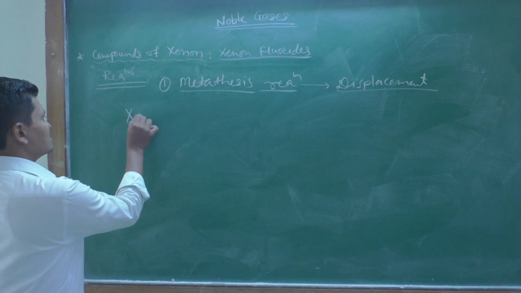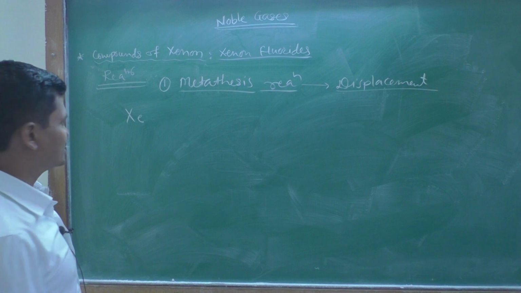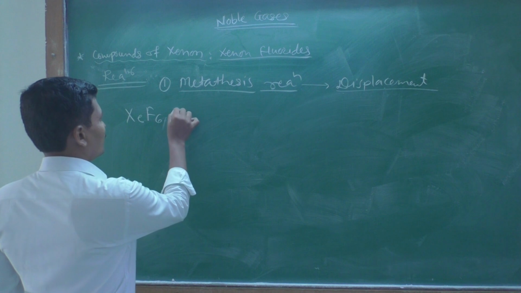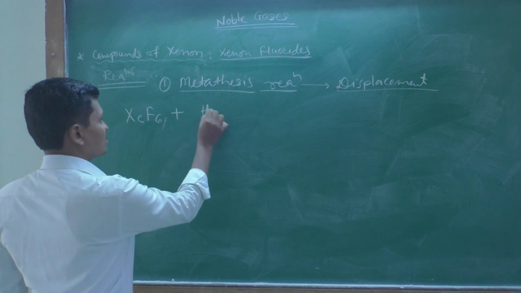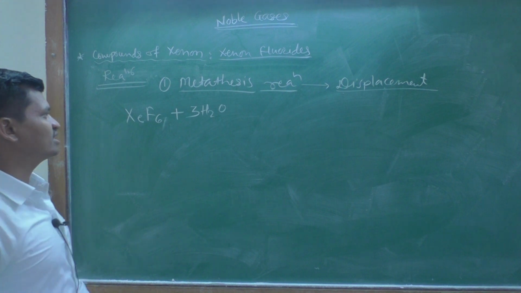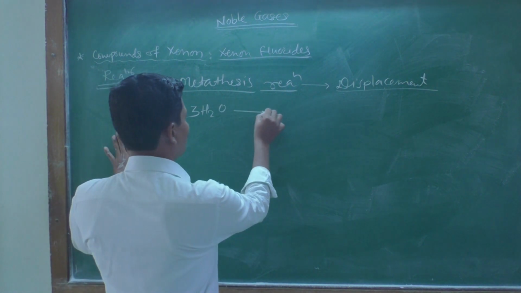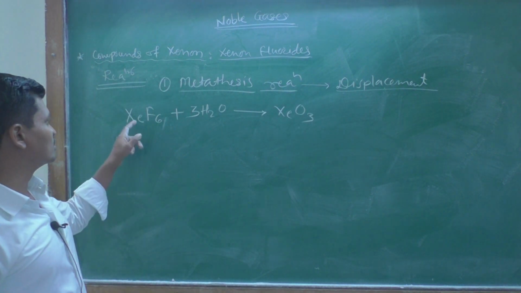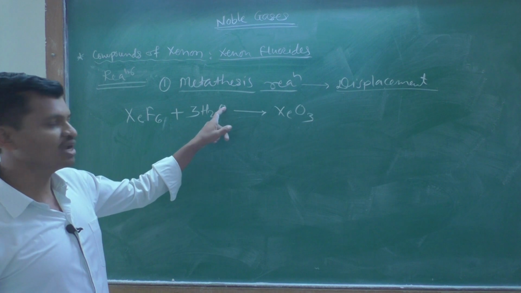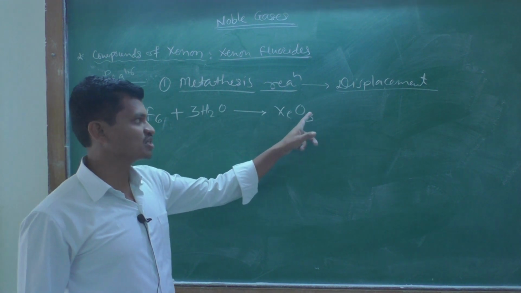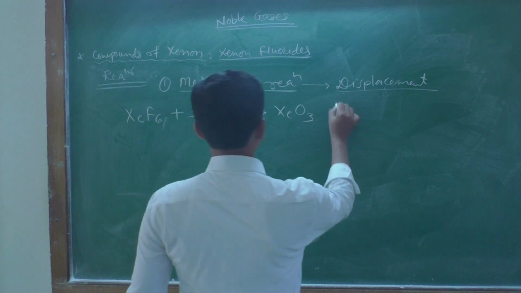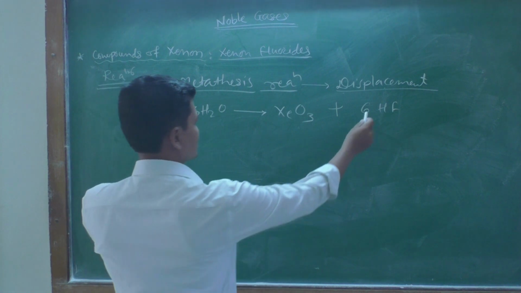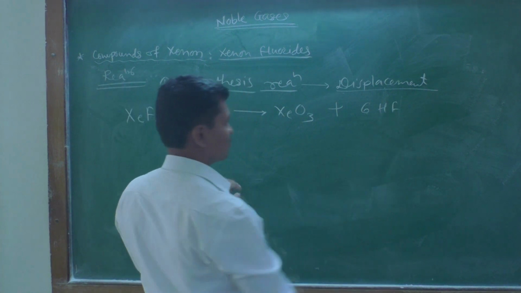For example, this xenon hexafluoride XeF6, when it is treated with water, there is a formation of xenon trioxide. One xenon atom is there, and 3 oxygen atoms, so xenon trioxide plus 6 HF, 6 hydrogen and 6 fluorine, will be formed.